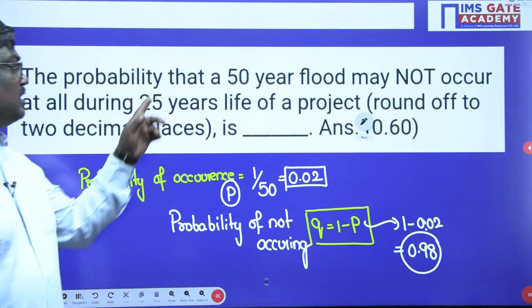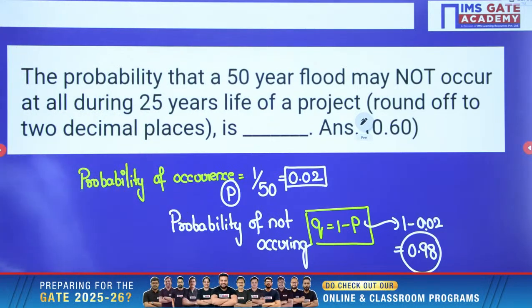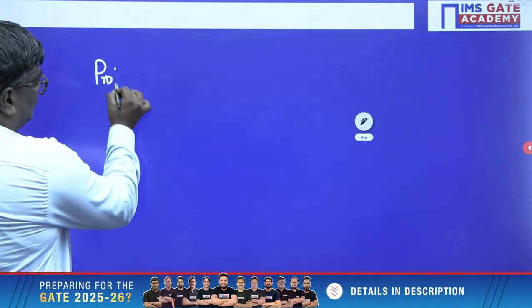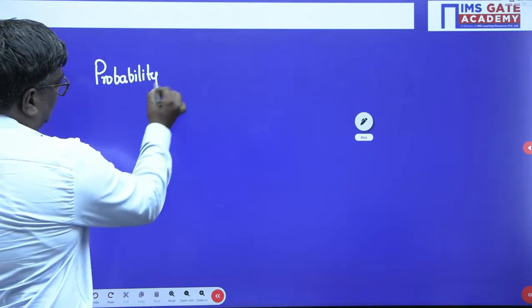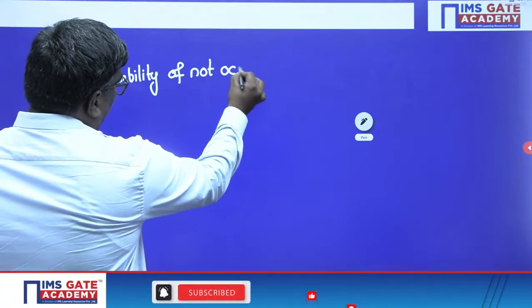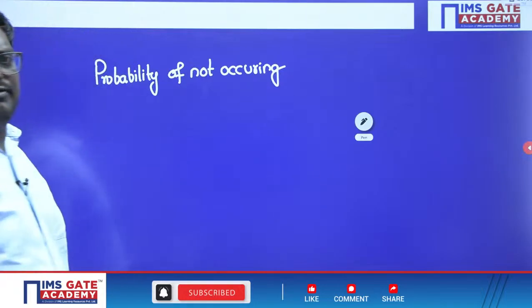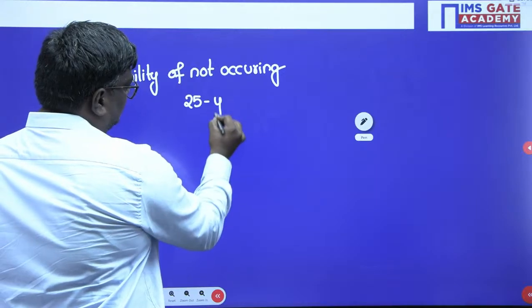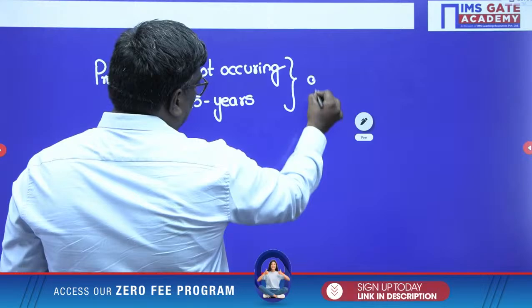But this is not the one we have to know. They have asked the probability of not occurring over a period of 25 years, and that is for 1 year. So the probability of not occurring for 25 years is given by the formula Q power n.